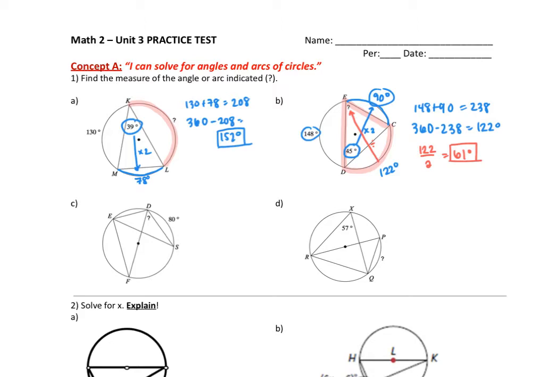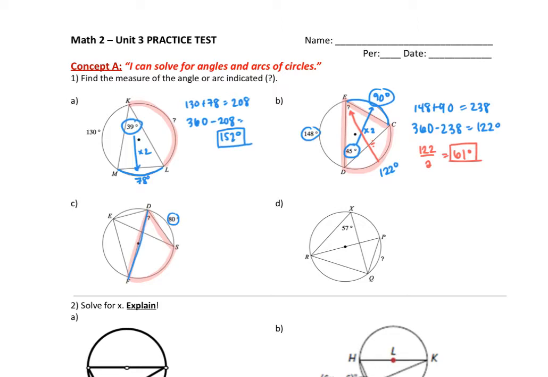All right, the next problem, problem number 3, we're solving for this inscribed angle. So I'm going to look at the arc. I don't have the arc, so we need to use other information. The only other information we're given is this 80-degree angle. I'm noticing that this is a diameter, which means that we have a semicircle here, which means that FSD is 180 degrees.